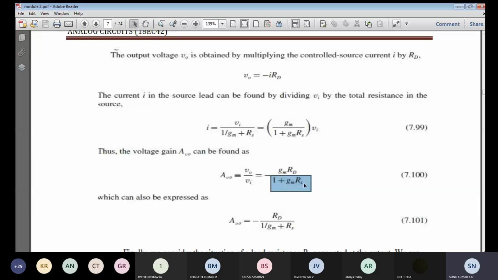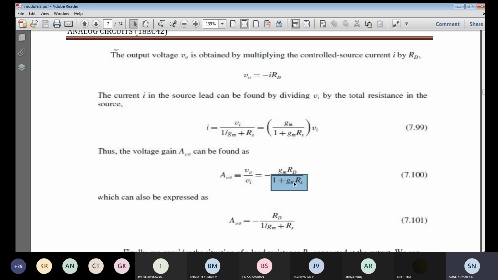What this means is that the open circuit voltage gain is reduced by a factor of 1 plus GM into RS. This source resistance acts like a negative feedback, and one important property of negative feedback is that it reduces the gain. Negative feedback is normally used in order to control the gain.